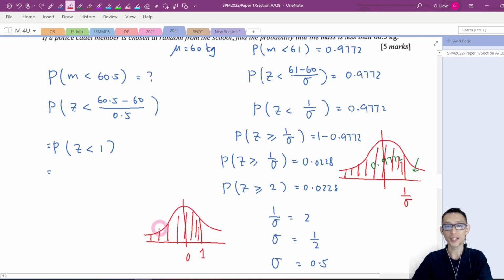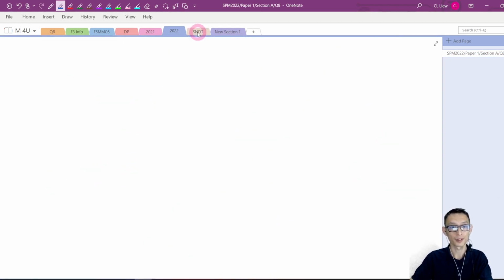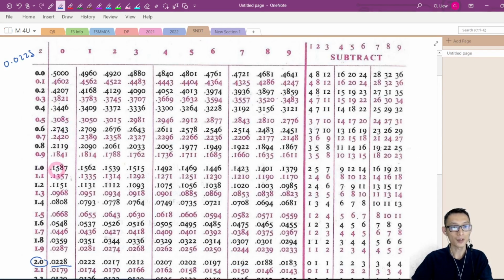Now, how to get the area here? We are looking for the area here. So it will be 1 minus this part, greater than or equal to 1. If you want to write equal to, you just want to write this. This is okay. Now, 1 minus this one, just get from your table. 0.1587, for 1.08.